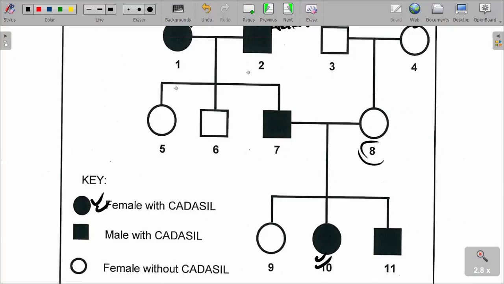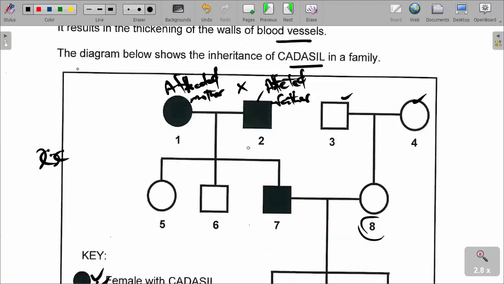We can try to prove that: this is caused by a dominant allele, and it is crossed with an affected father.